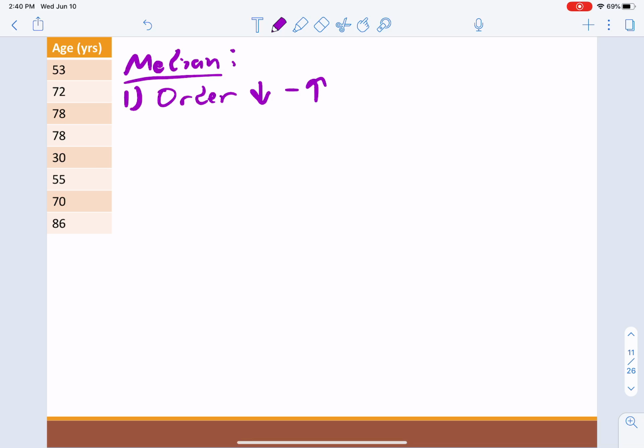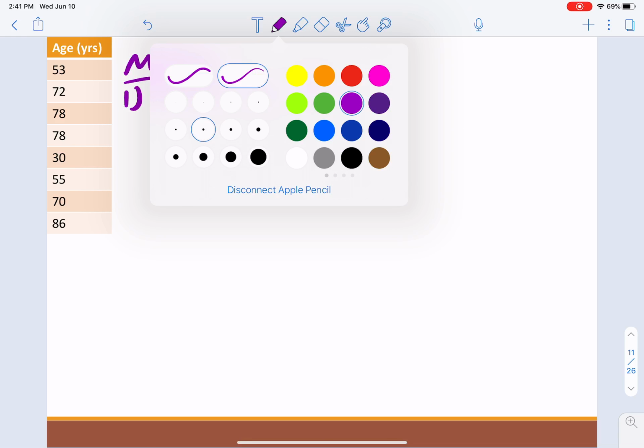This is where you can make a typo just by doing it by hand fairly easily, so take your time. I am going to take my time here. On homeworks, I'll give you the data in order, so you don't have to do it. But just remember that if it's unordered, put it in order, especially for the median. All right. So let's do that.